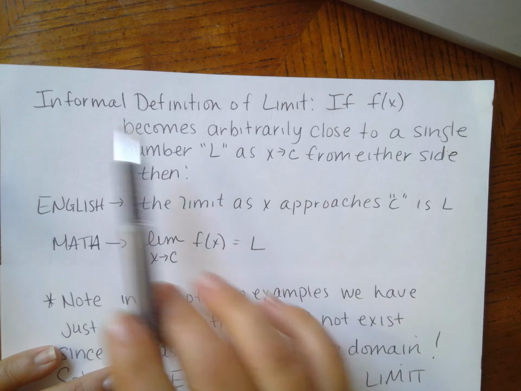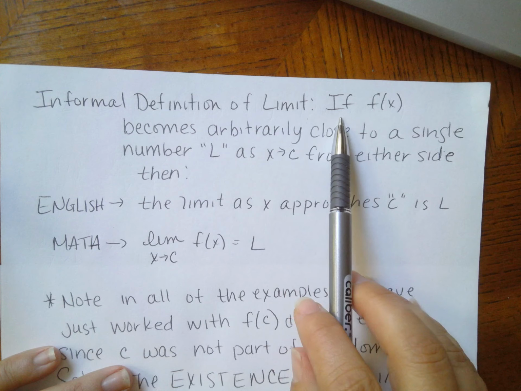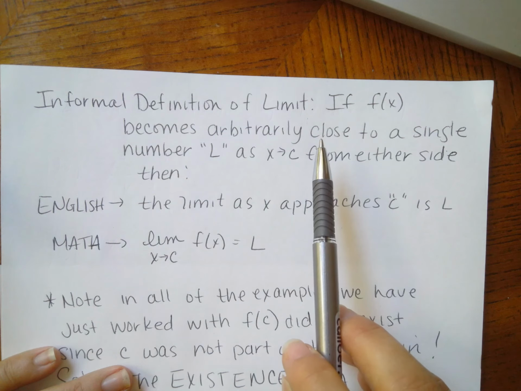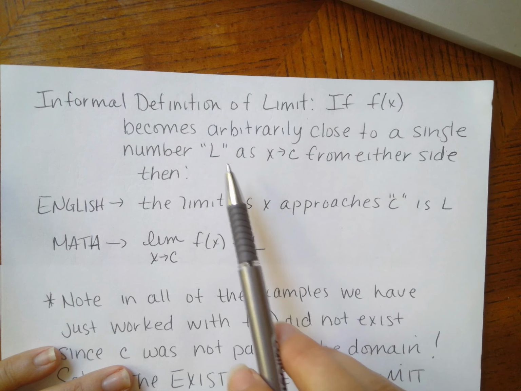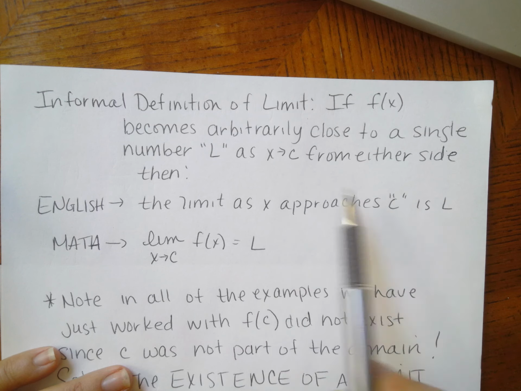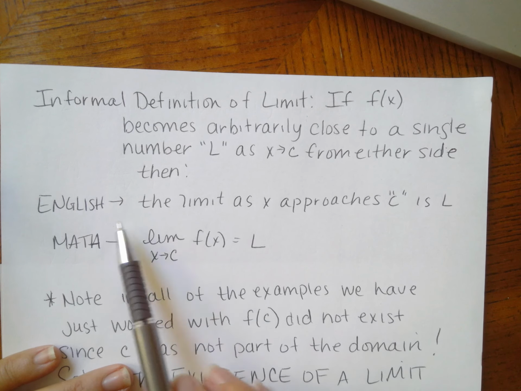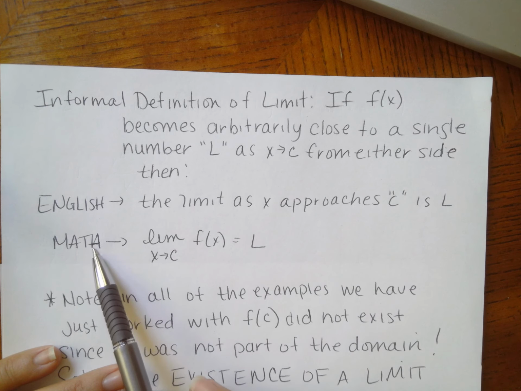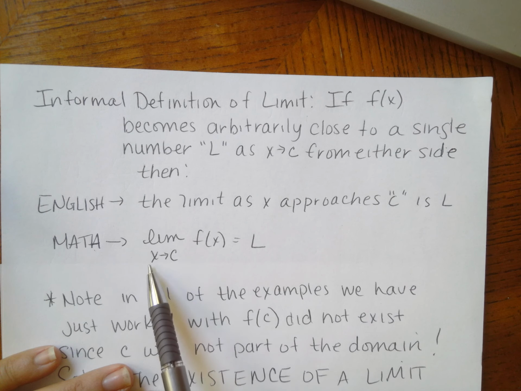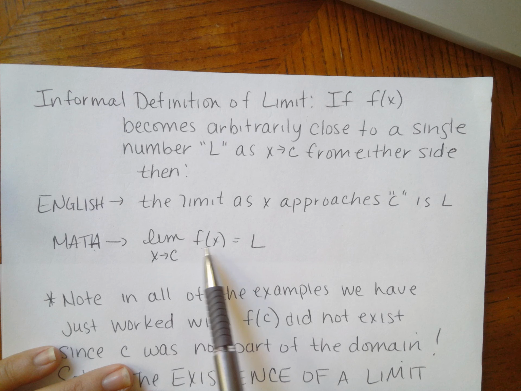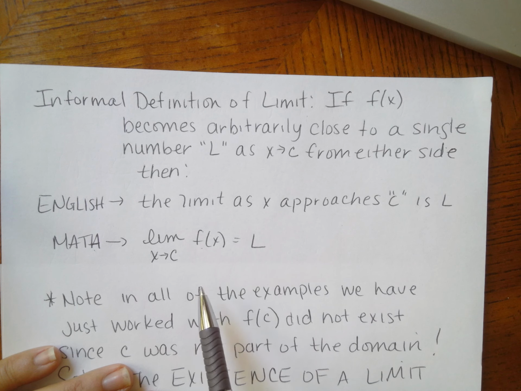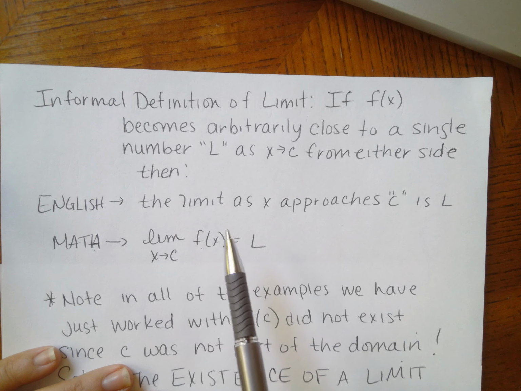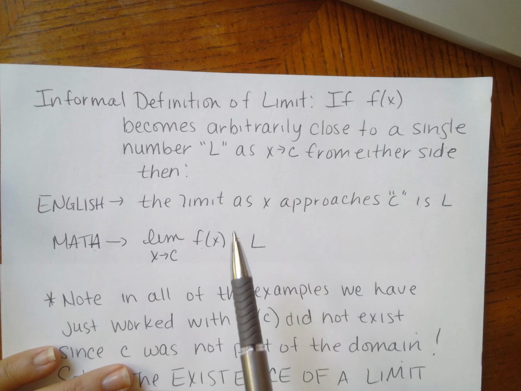An informal definition of the limit basically says that if f becomes arbitrarily close, meaning as close as I want, to a single number L as x approaches c from either side, then we say in English that the limit as x approaches c is L. The math form of that is the limit as x approaches c of f is L. Basically, as I get really, really close to some value, my y value keeps getting really close to this value here.